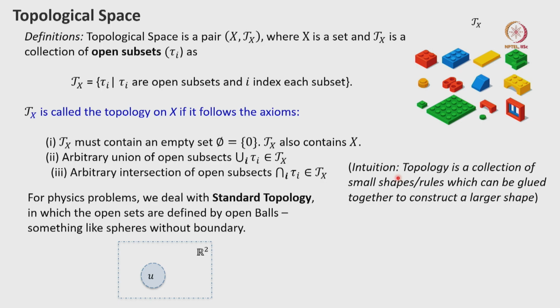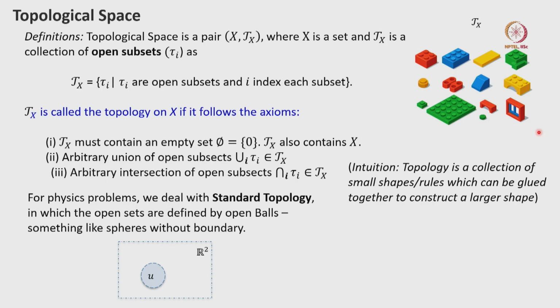Rather, if I give you Lego pieces, and Lego pieces are kind of our topology, I am giving you certain rules about how all these small microplastic pieces are put together to get a smaller shape, and with that shape you can build a bigger shape, and you can only build a few shapes with a given set of Lego pieces, and that is how a topology is.